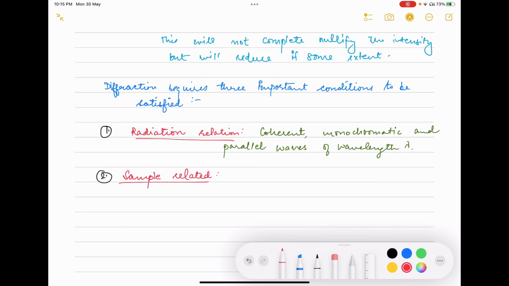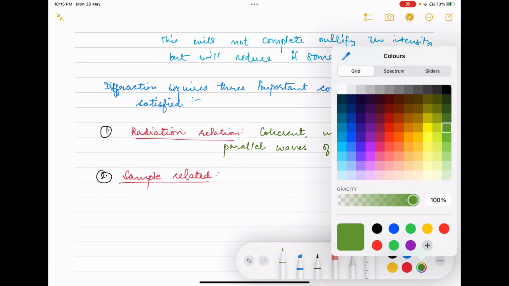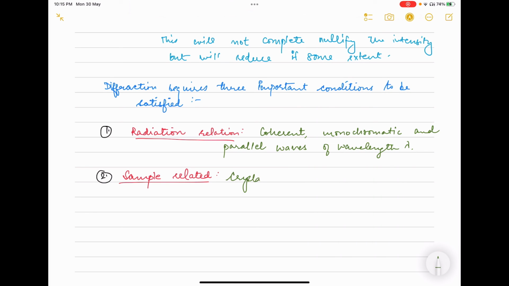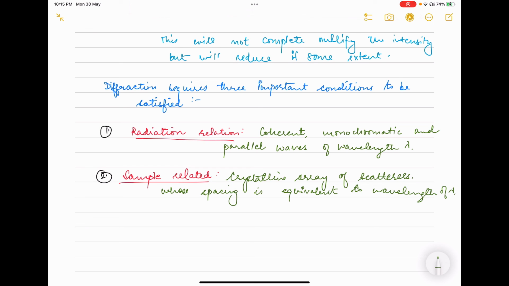From the sample perspective, we should have a crystalline array of scatterers, whose spacing is equivalent to the wavelength lambda.